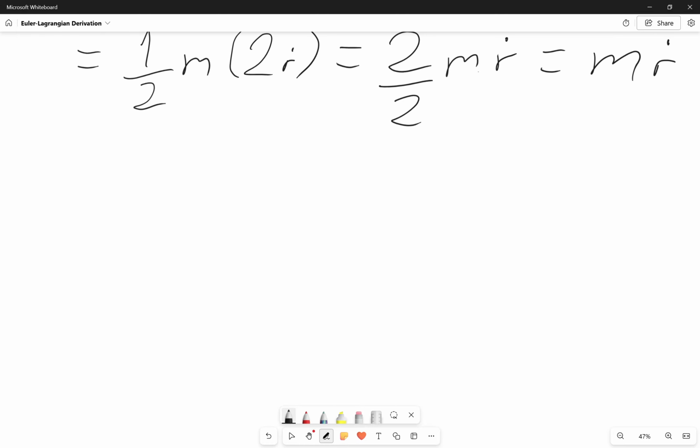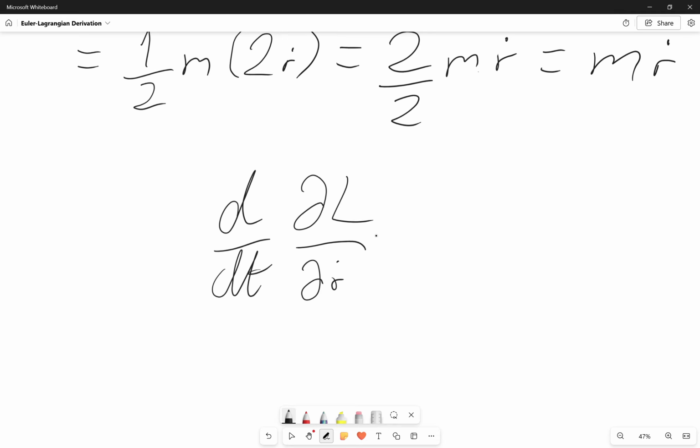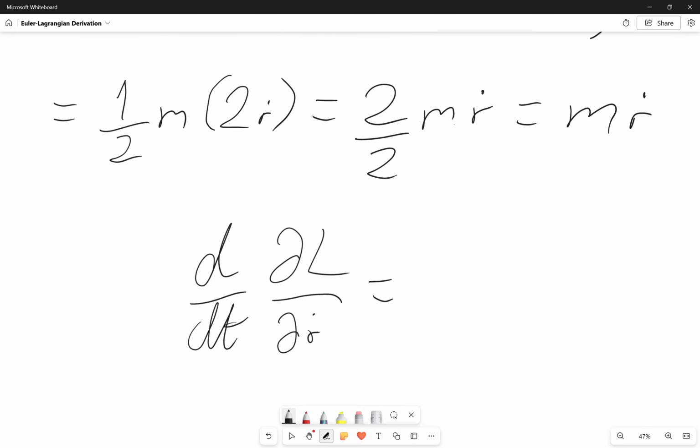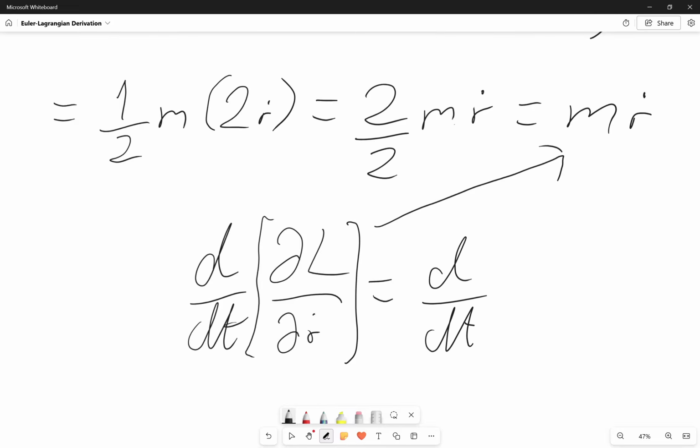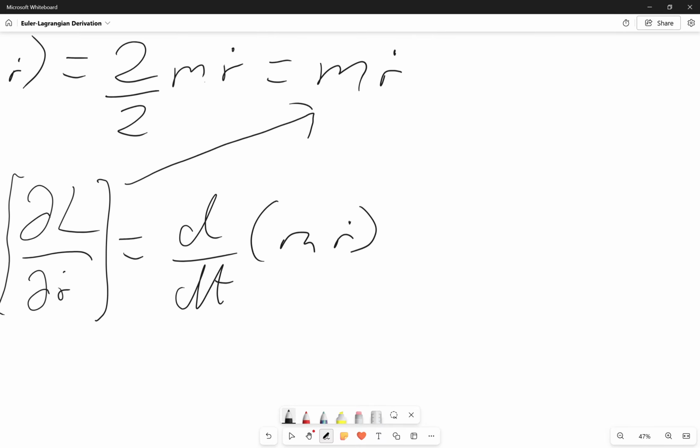Now I'm going to reintroduce the left side of the Euler-Lagrange equation. We already defined this right here and the result to be m times r dot. I'm going to differentiate with respect to time m times r dot, where mass is constant, so I can take it out. And now I'm going to differentiate just r dot.